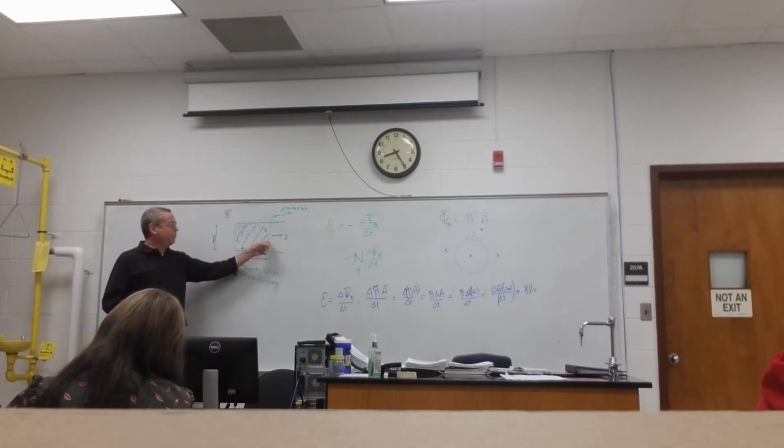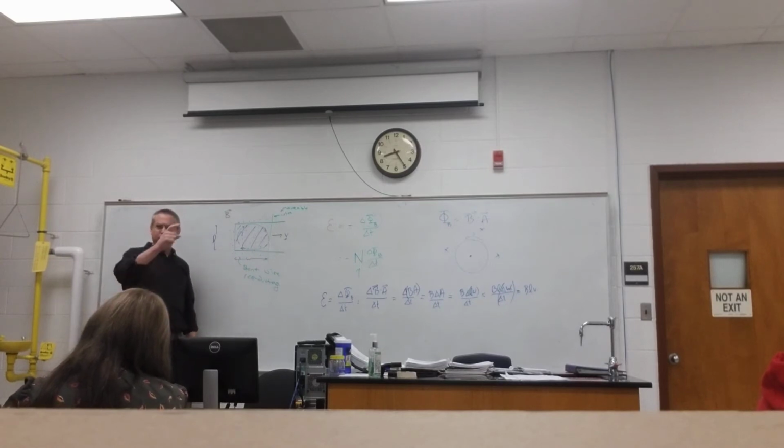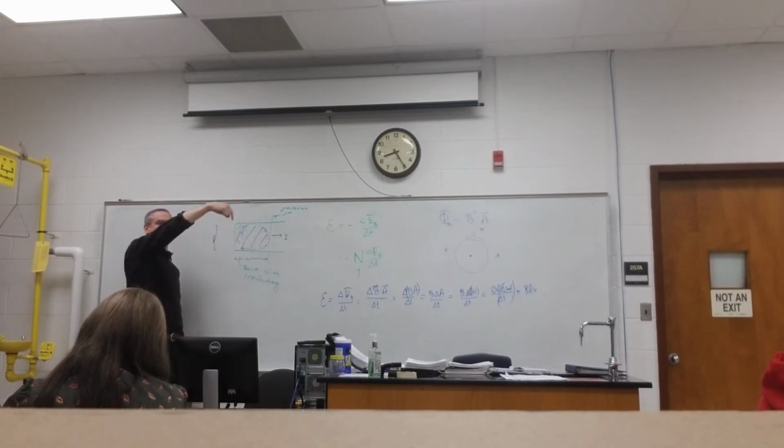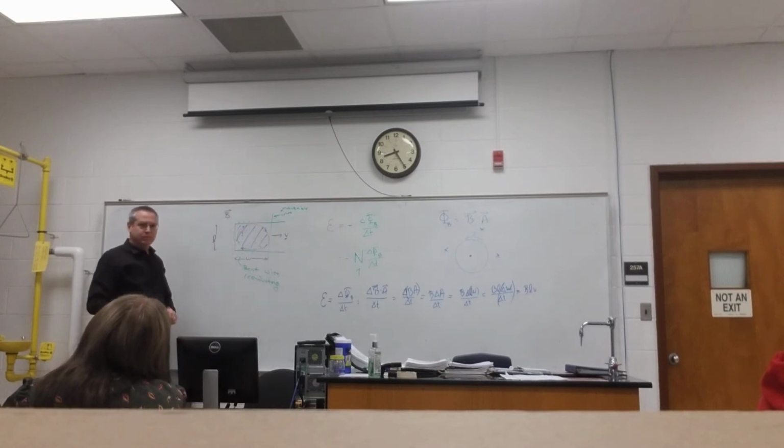Which way is current going to flow in this wire as it moves in the magnetic field? Well, I have protons moving in that direction. My magnetic field is coming out. So therefore, the force on the positive charges is down. Therefore, electrons will be forced upwards, which is opposite of the direction of the current. So current flows down. You can do it from that point of view as well. They do match.